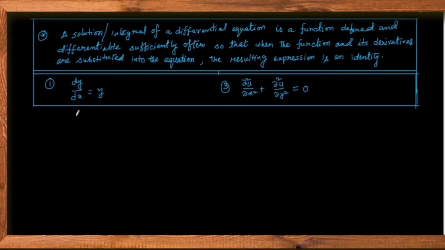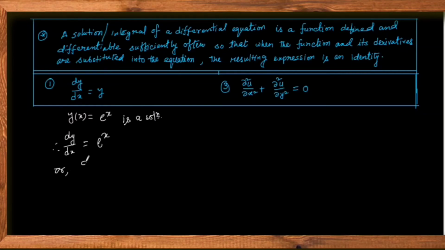Okay, so dy/dx equals y. It is our first example. Now y(x) equals e^x is a solution of this. Why? Because dy/dx equals again the derivative of e^x, which is e^x, and that e^x is our y.